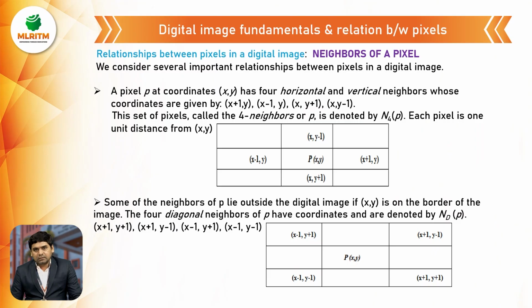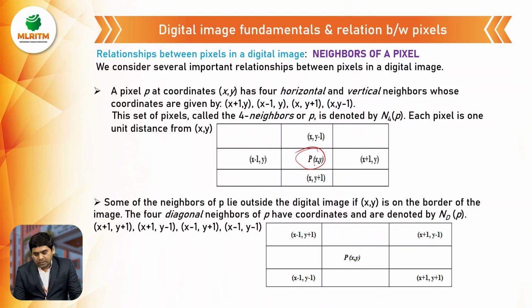And next, a digital image processing fundamental is the relationship between pixels. Relationship between pixels in a digital image is explained by the neighbors of a pixel. A pixel is one image element, which is represented in the middle of a 3 by 3 size part. In this part the middle is p of x comma y.